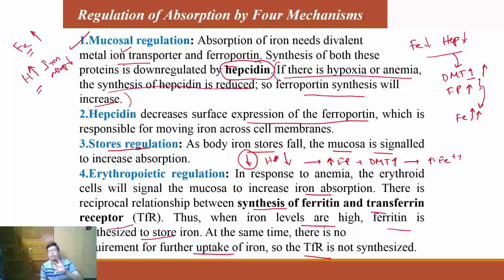Just remember the relation between ferritin and the transferrin receptors is opposite. If ferritin level is low, transferrin receptor level will be very high in blood, and if transferrin receptor level is low, ferritin will be very high, because it deals with storage and requirement, which are opposite of each other.